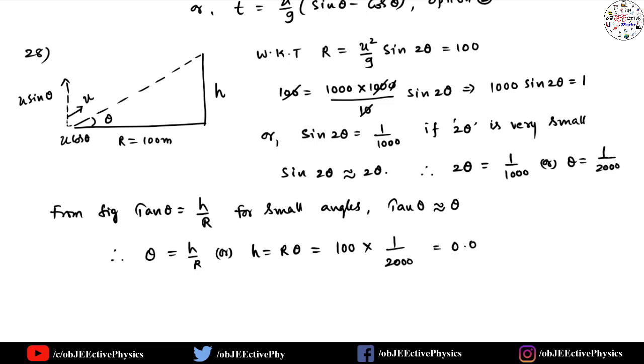That is equal to 0.05 meters, or 5 into 10 power minus 2 meters, or height h is equal to 5 centimeters. So h is equal to 5 centimeters means the gun should be aimed 5 centimeters above the target. So our answer is option 2.